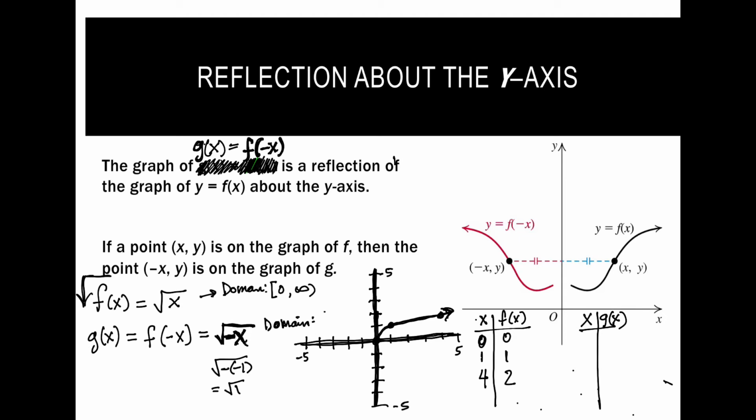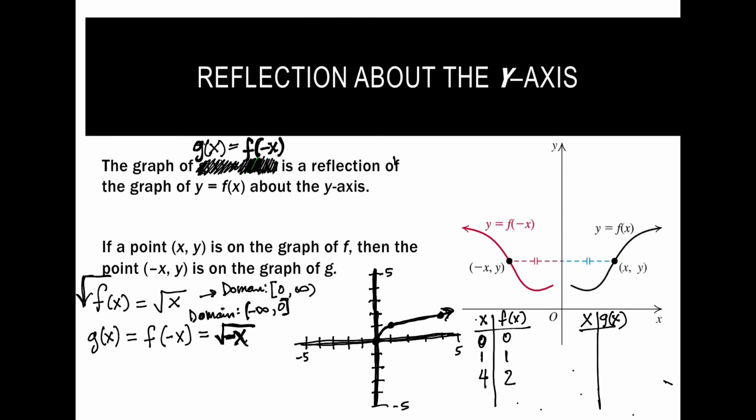So my new domain then goes from negative infinity, every negative number, all the way up to 0, including 0. Let's see if I can get that moved over here out of my way. There we go. This is the domain here. It now is the set of all negative numbers.